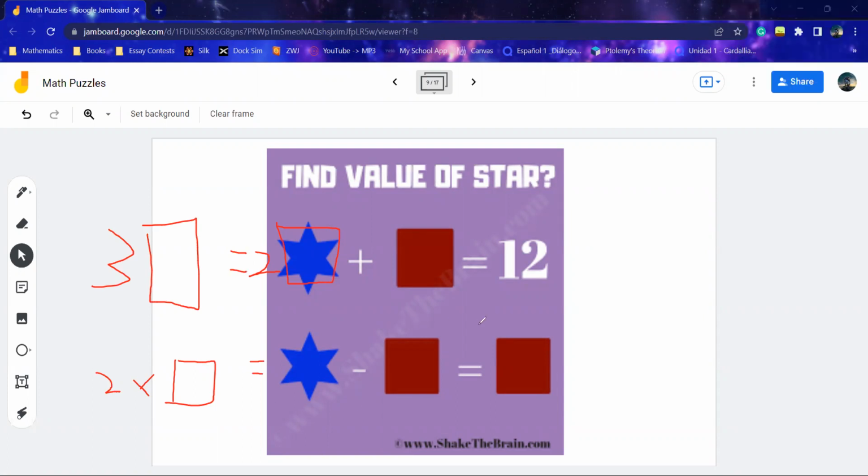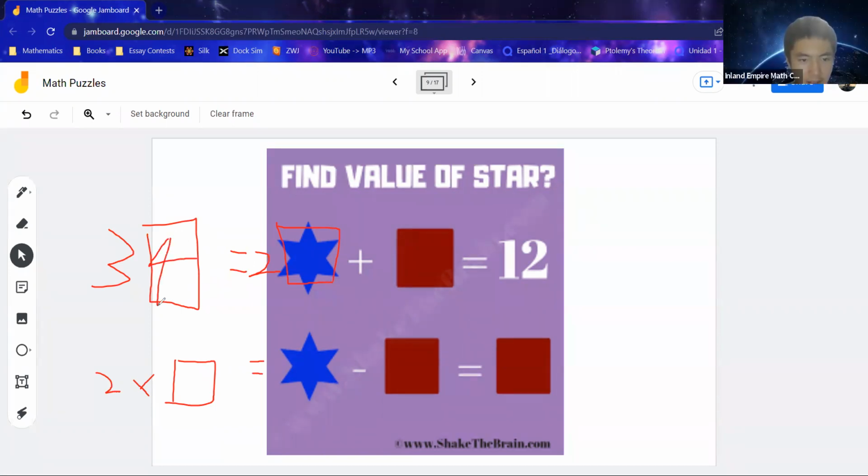Yeah. Right? So what's the square? If you have 3 squares and it's equal to 12, how much is 1 square? 4. That is correct.